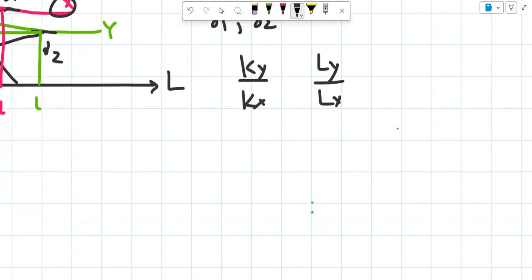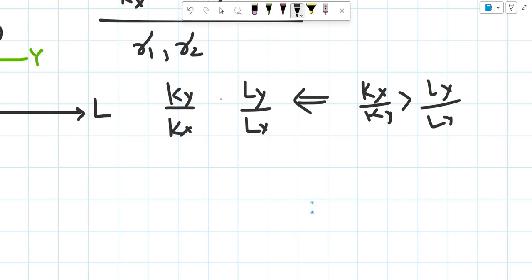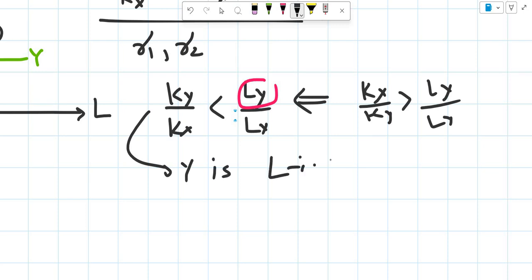So that means I have to write capital in X by capital in Y is higher than labor in X by labor in Y. If I take reciprocal, the sign would change, right? If I make the denominator numerator and the numerator denominator, this is what we will get. So if this is true, then labor being used in Y is more. That means Y is labor intensive.